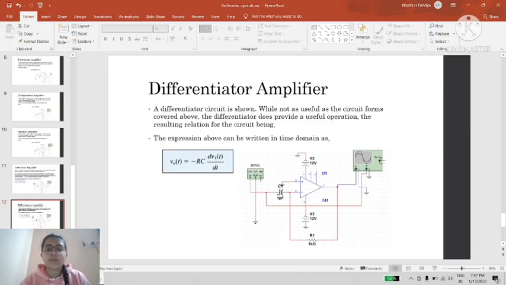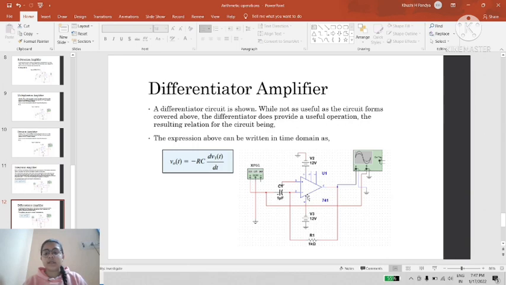After that, differentiator amplifier. In this circuit, we have replaced our input resistance with a capacitor, so that our output voltage is equal to minus of R into C dV by dt, or differentiation of input voltage with respect to time.